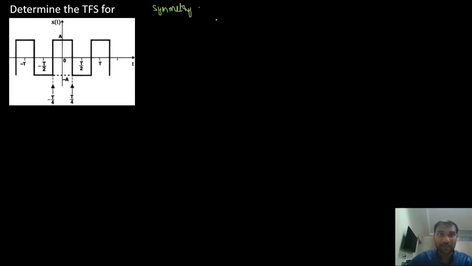Let us take x of minus t. X of t is given. We'll draw x of minus t. What is x of minus t? How does it look? X of minus t looks like a folded version, right?